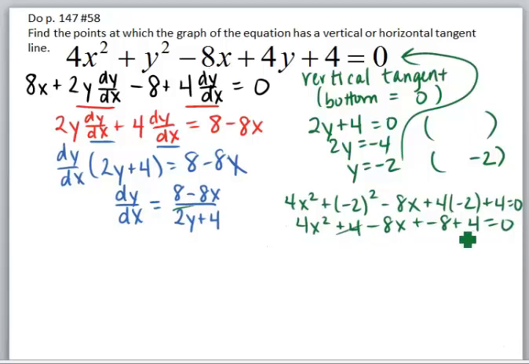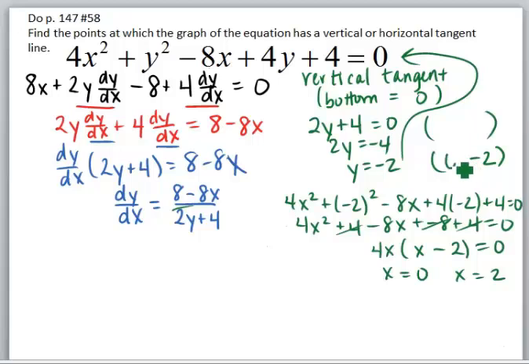Well, 4, 4, and negative 8 create 0. Factor out a 4x, and we're left with x minus 8. Oops, let me take that back. That'd be x minus 2. I already factored out the 4. Equals 0. So my x values end up being 0 and 2. So my 2 points would be 0, negative 2, and 2, negative 2. Those are the answers for the vertical tangent lines to the curve.